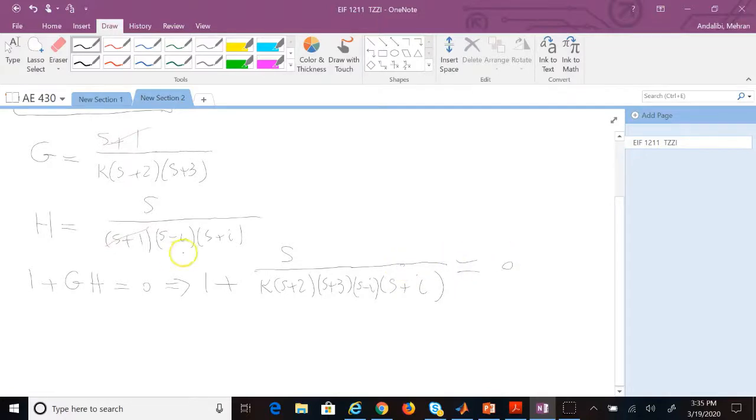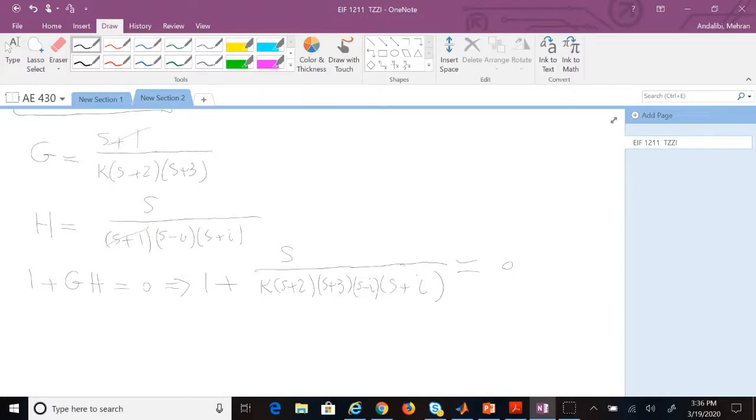By the way, notice that the product of these two is s squared plus 1, but as I said, we have to break down every term in numerators and denominators into linear terms. We should not leave anything as a quadratic, even though the roots are complex, okay?